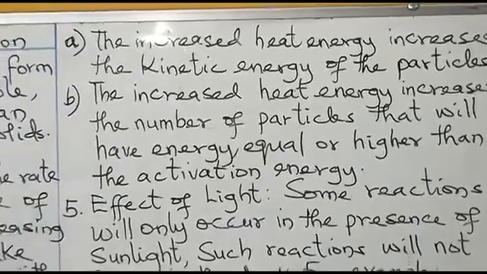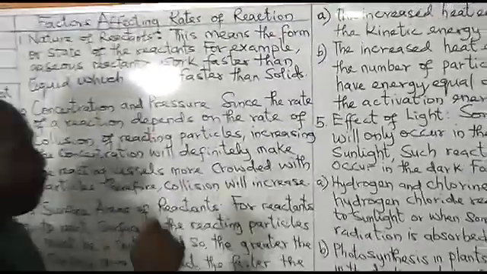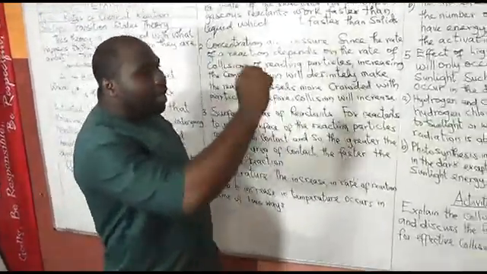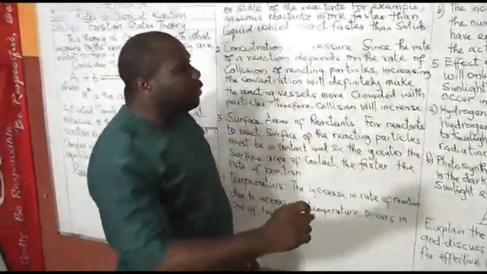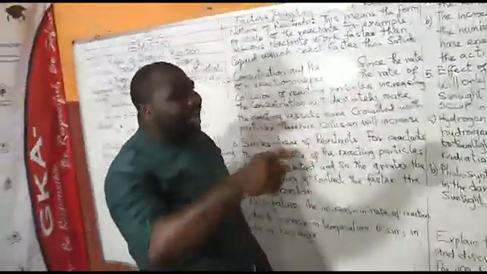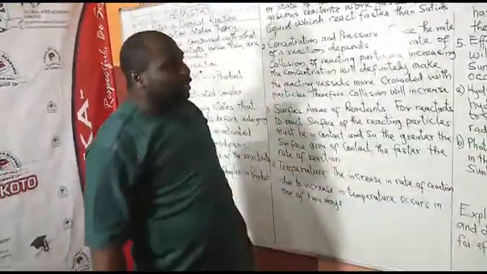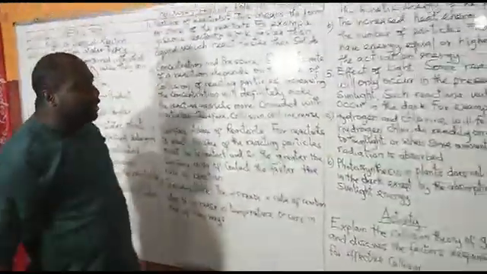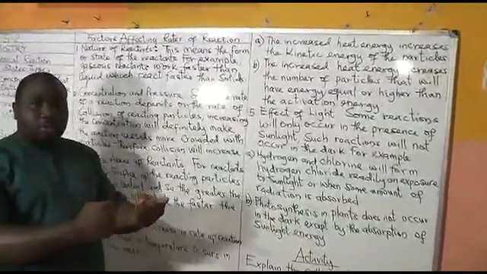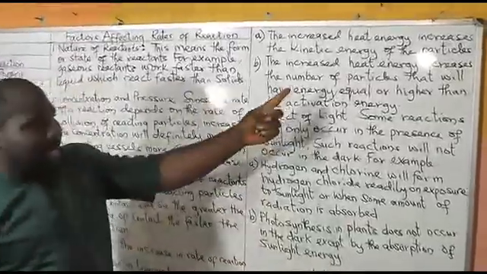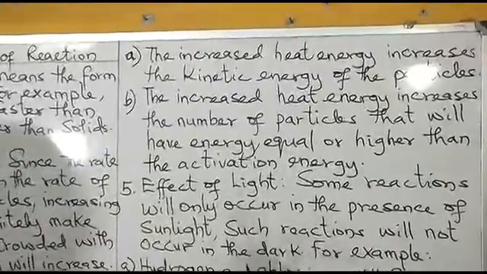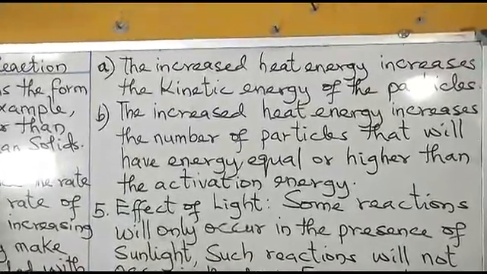Let me refer you back to the previous lesson, where I said that for a collision to be effective, the energy of the reactants must be greater than the activation energy. So at that point, the rate of chemical reaction tends to be faster.